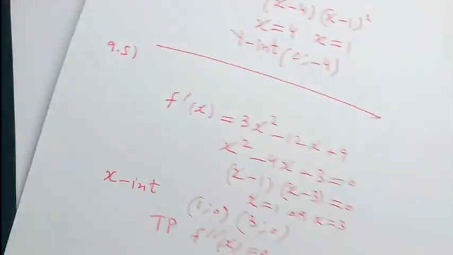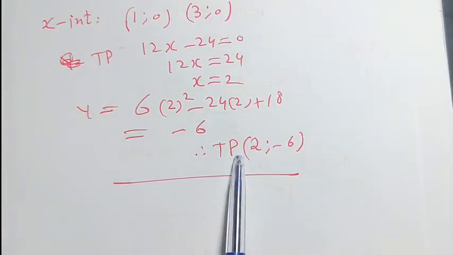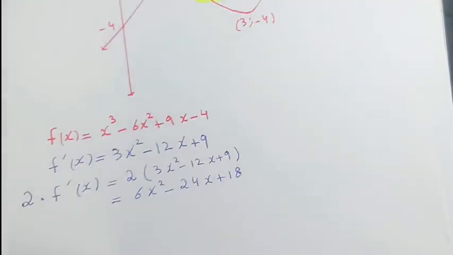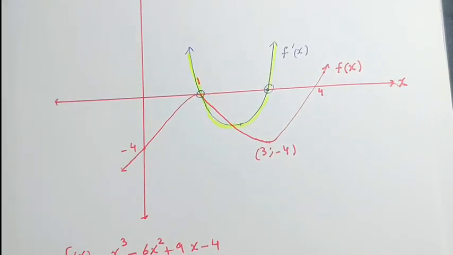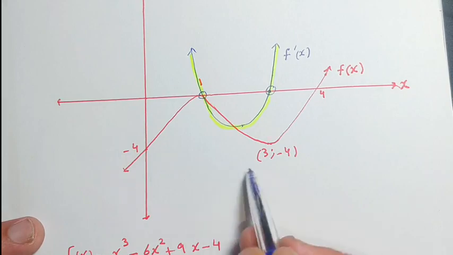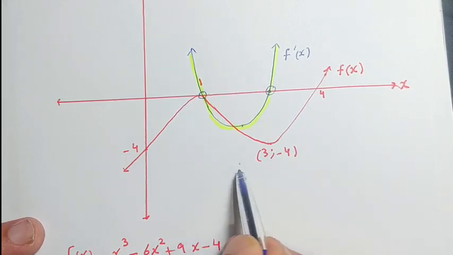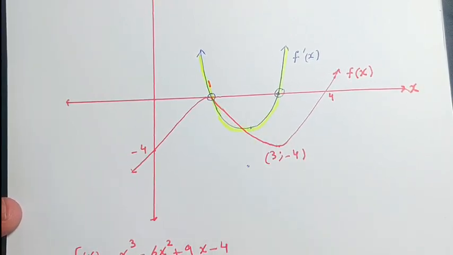Now the turning point is (2, -3), and there is the turning point (2, -6). So when you multiply this graph, the turning point will go more down. So (2, -6) may be somewhere here. So the graph is going to stretch vertically, but the x-intercepts won't change.